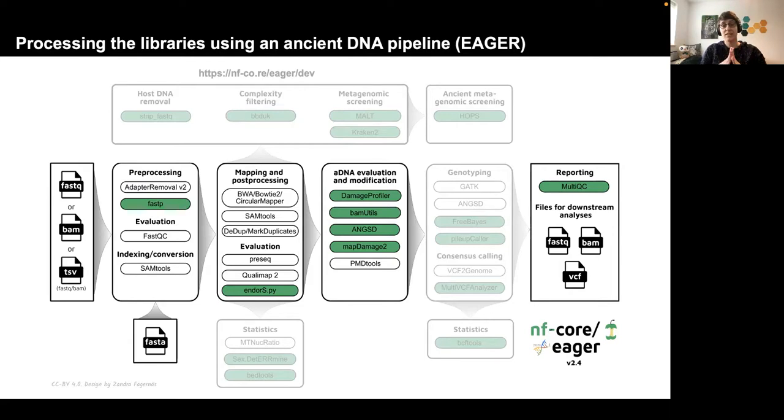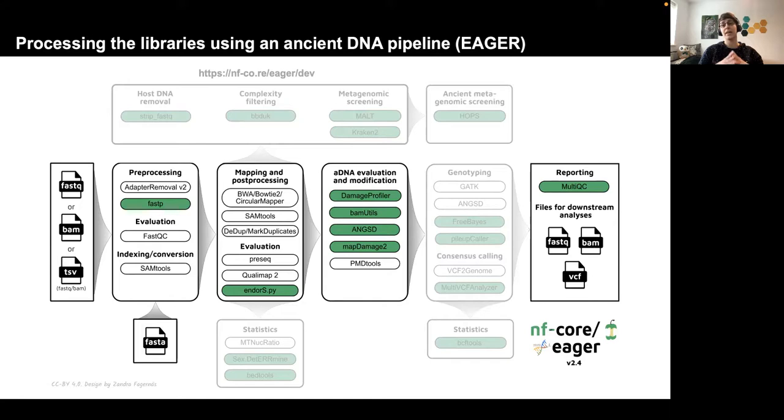On top of that, most importantly, we want to have some ancient DNA damage patterns to look at and see if we're really looking at old DNA. So we want the fragment lengths, we want C to T and G to A substitutions. And so for all intents and purposes, we used an existing ancient DNA whole genome sequencing pipeline, in our case, EAGER, which is fully available on GitHub.